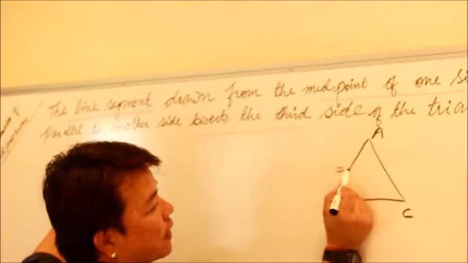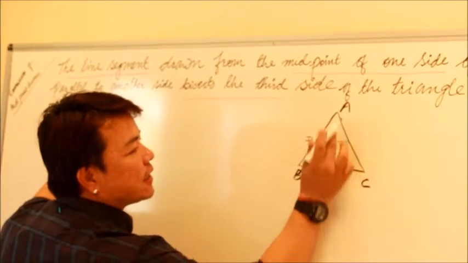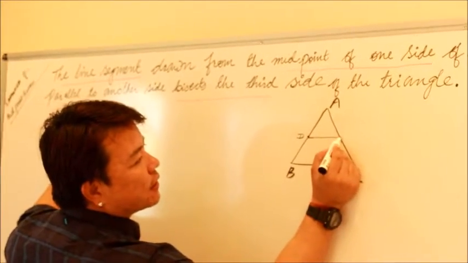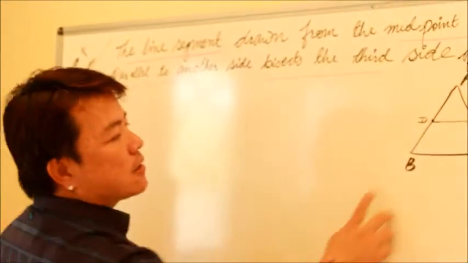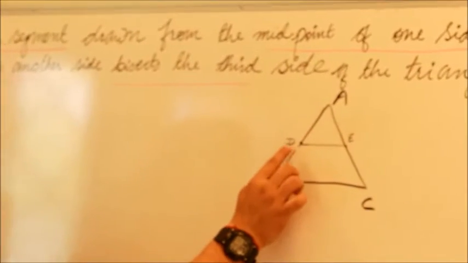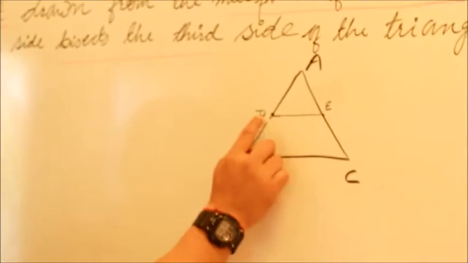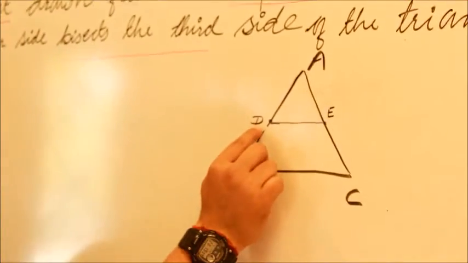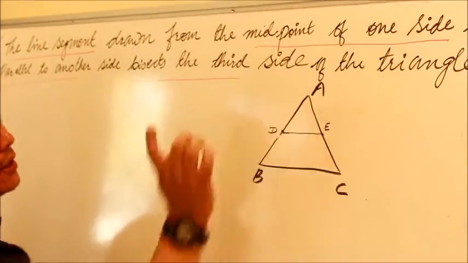So draw a line parallel to BC meeting AC at any point, call it E. So in the construction, ABC is a triangle, D is the midpoint of AB, and the line drawn from D is parallel to BC and meets the side AC at E.